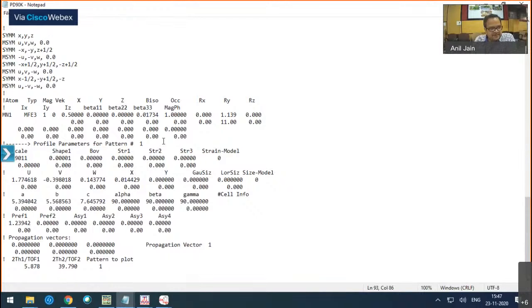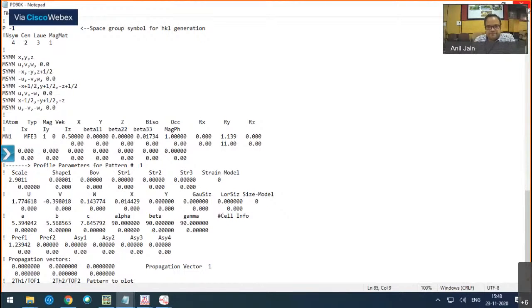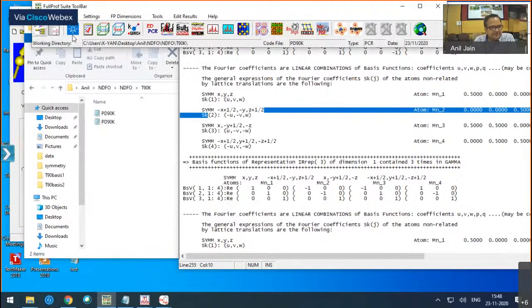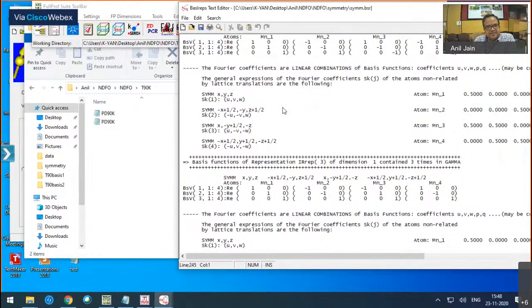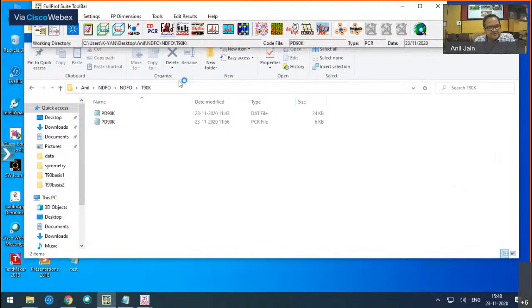Now let's run this file after putting this symmetry operation, which has been given in this BasIreps file. Let me see if I'm in the right file. Okay, now I close this and let me run it.